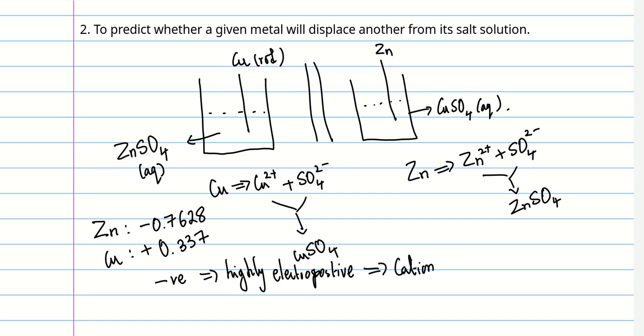So if we go by this reason, we can say that this reaction will not happen, but rather it's this reaction which is feasible.